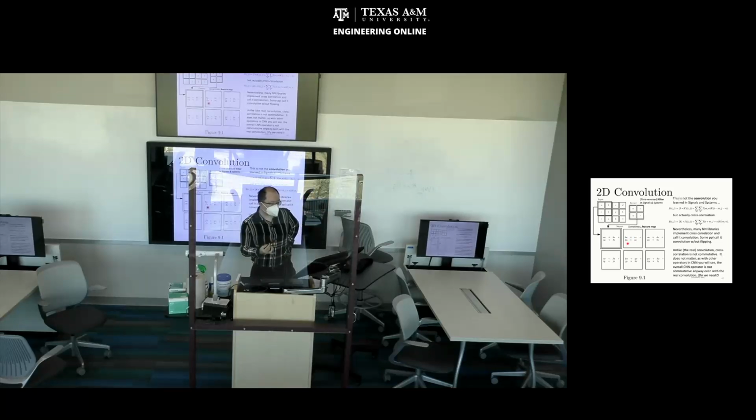So this is what convolution means in imaging, in computer vision or in convolutional neural networks. I have to remind you, this is not the convolution you learn in signals and systems. What is the convolution in signals and systems?